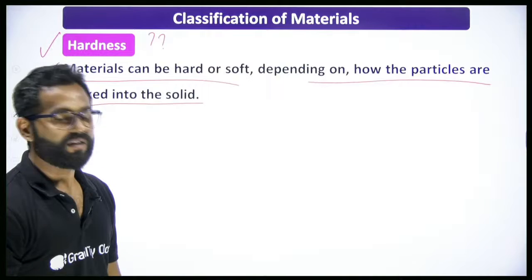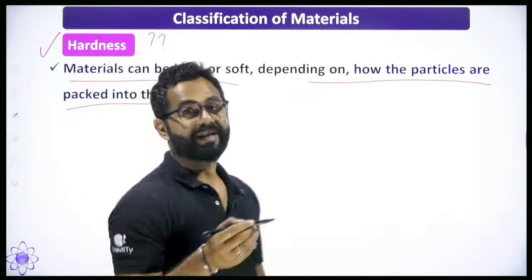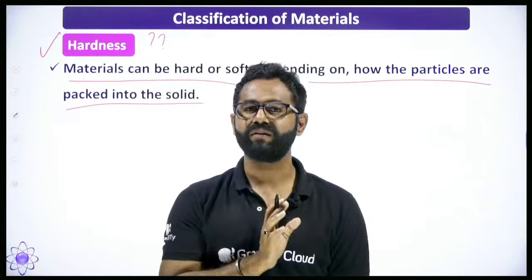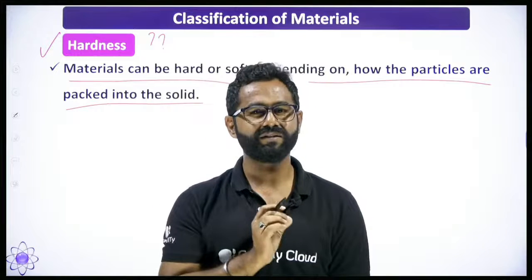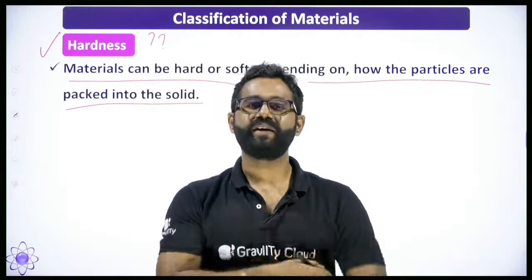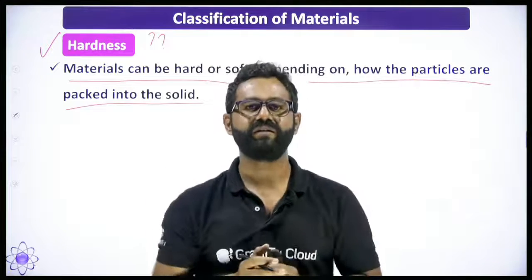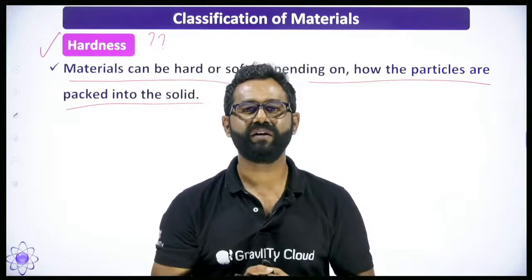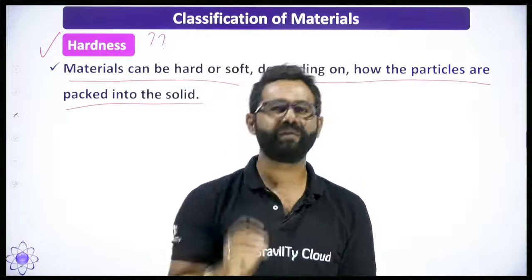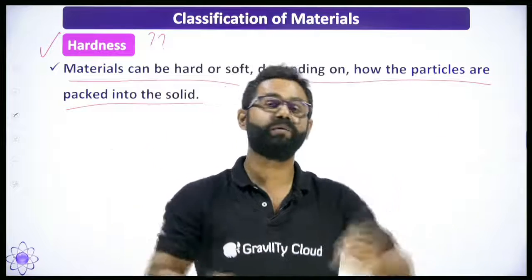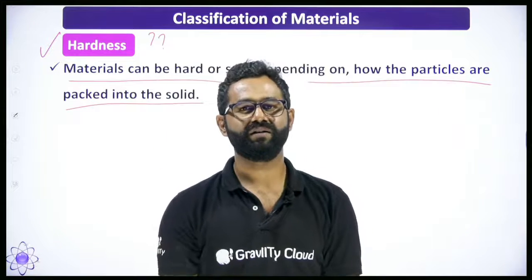Simple. See, every metal, every particle, or we can say every solid around us is made up of particles, right? If I take this big piece of ice and break it, what will happen? It will form small pieces. That means that big piece of ice is made up of small pieces, right?